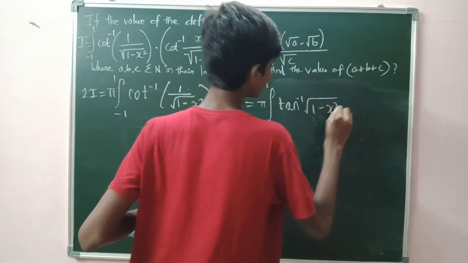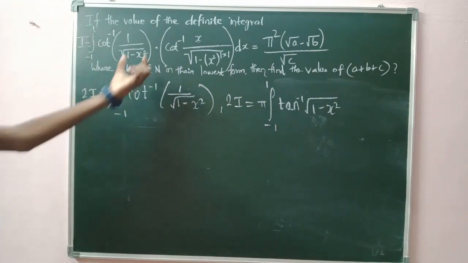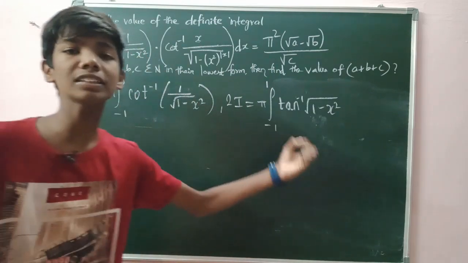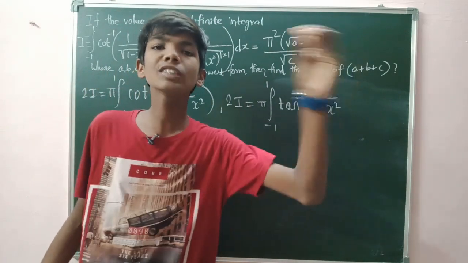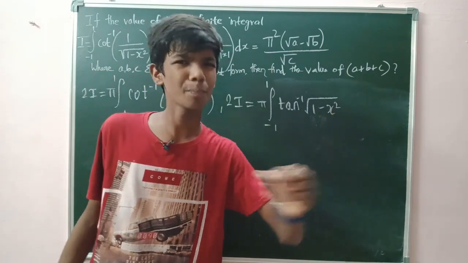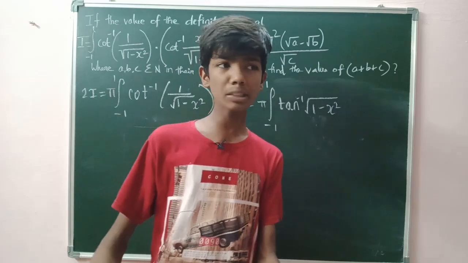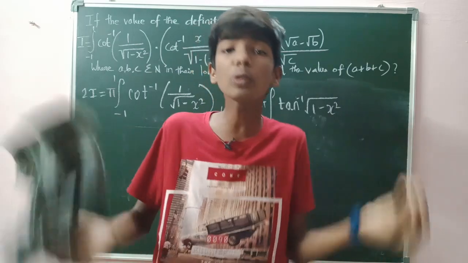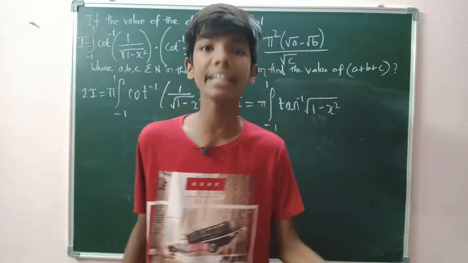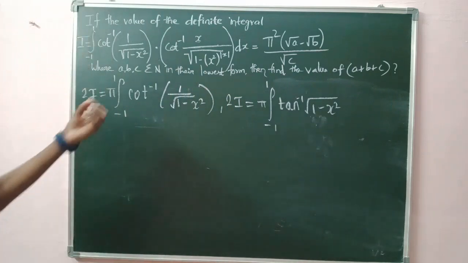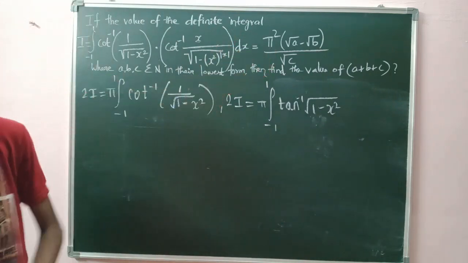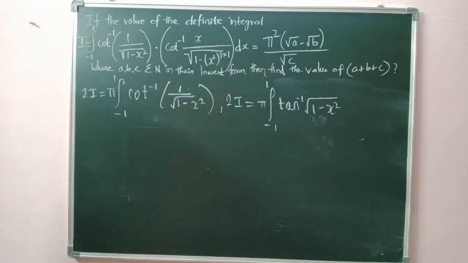Can't I write like this? It's very simple. Cot inverse of 1 by something is tan inverse of that something. It's a basic thing that you guys are supposed to know in your inverse trigonometric functions. So cot inverse of 1 by something is tan inverse of root of 1 minus x square. This is something I'm having now.